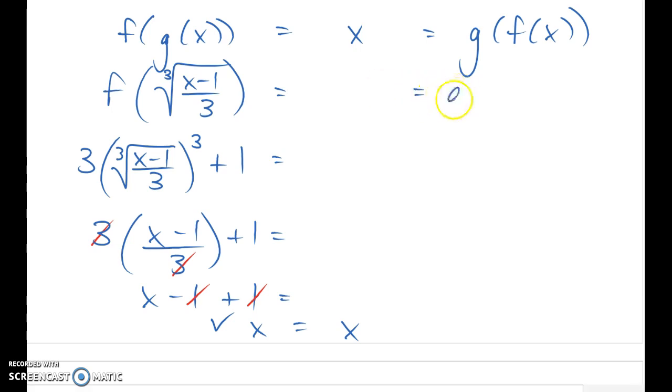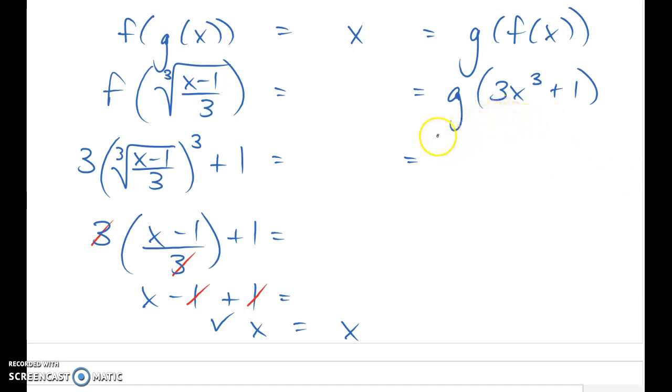Now it's time to move on to g of f. Again, remembering that the f function was 3x cubed plus 1. My goal, yet again, is to substitute 3x cubed plus 1, that particular expression, into the g function now.